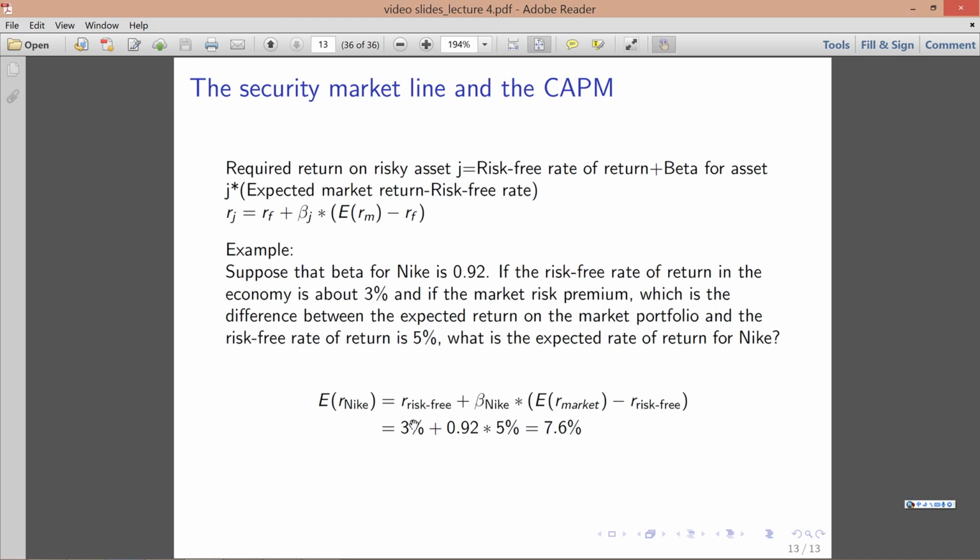Here's how we do this. The expected return should equal 3% plus the beta, which is the amount of systematic risk, times the compensation for each unit of systematic risk, which is 5%. So you should expect 7.6% of return from this Nike stock.